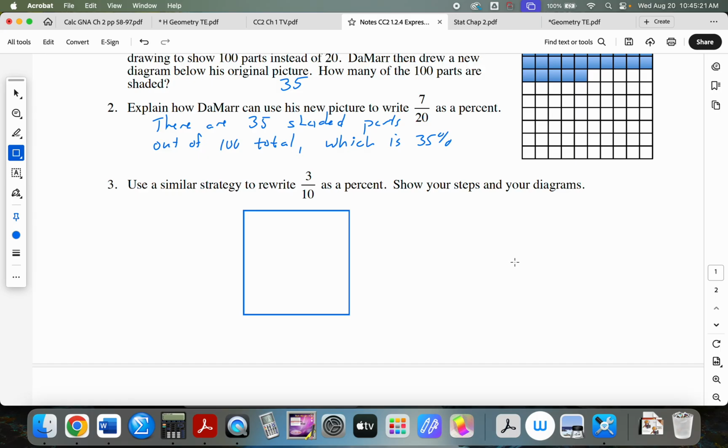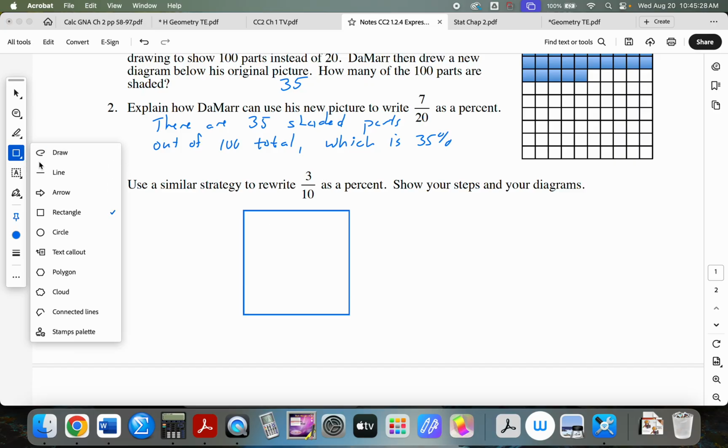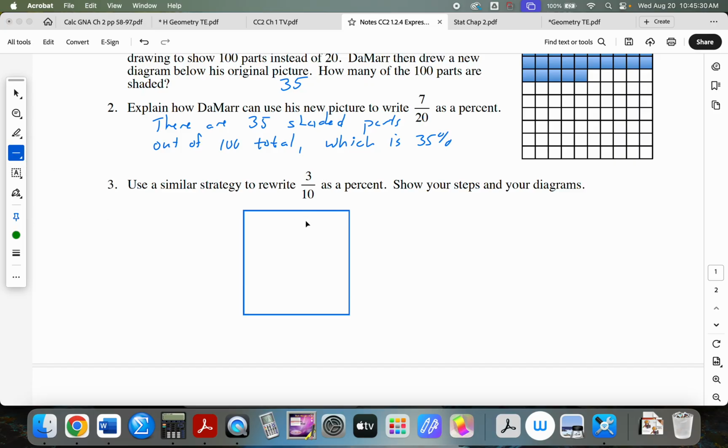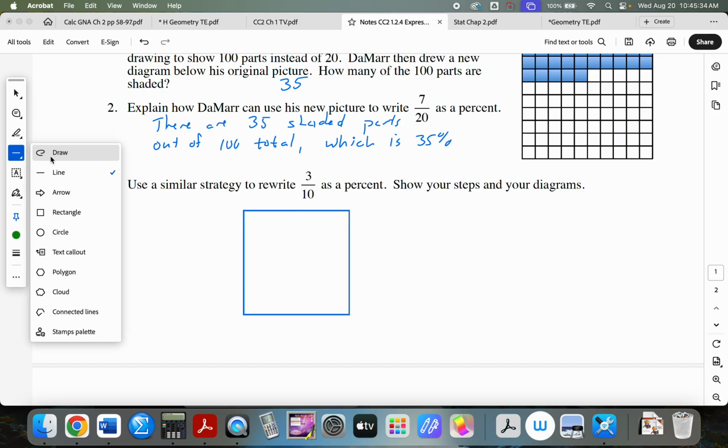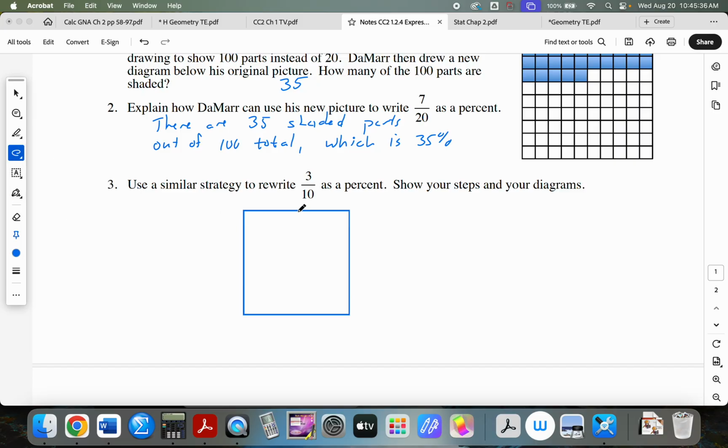Okay, so now I need to divide this up into 10 equal parts because it's 3 out of 10. Splitting it in half is not too hard. It gets harder after that. Now I want to divide that into 5 equal pieces, and I'm just going to try and eyeball it as best I can.